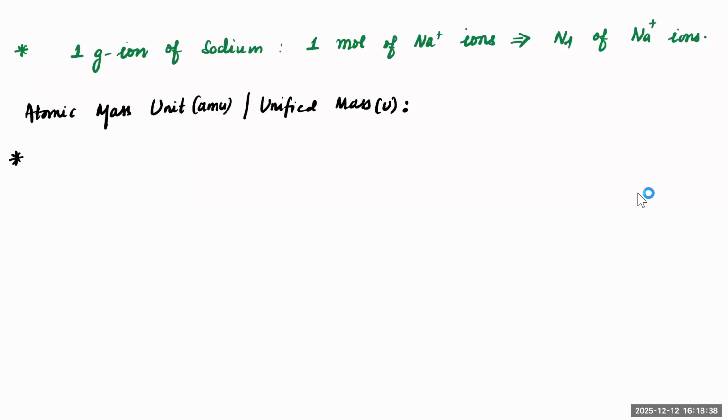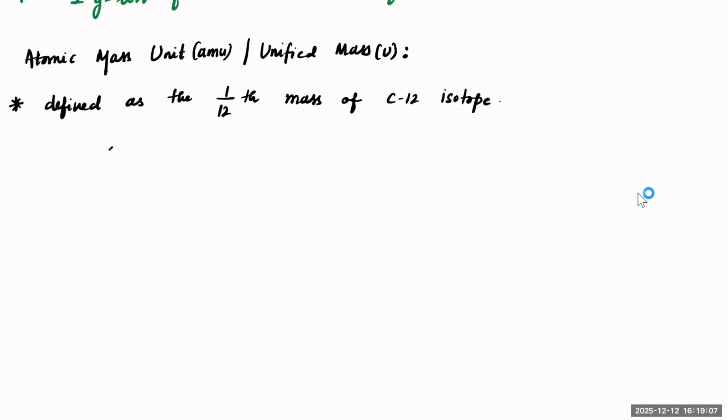By definition, it is defined as the 1/12th mass of carbon 12 isotope, which is 1 AMU is equal to 1 by 12 into mass of carbon atom.